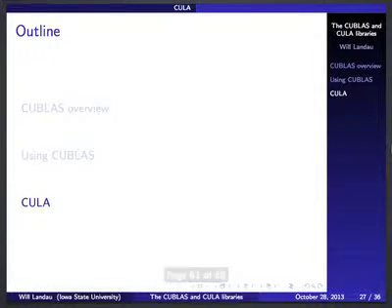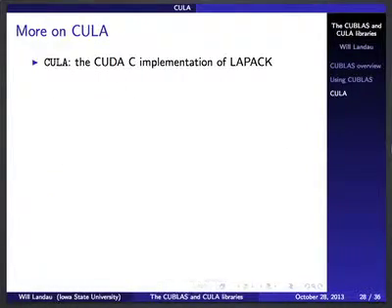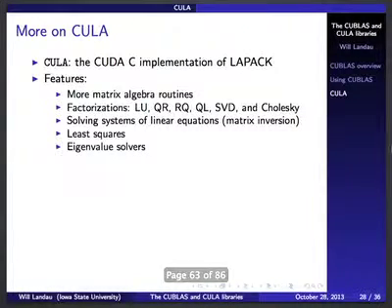So CULA, let's get into CULA in general. It's LAPACK for the GPU. Relative to CUBLAS, which gives you just rote vector and matrix routines, this does more advanced stuff. It gives you the LU, QR, RQ, QL, SVD, and Cholesky factorizations, all for free. CUBLAS doesn't do that.